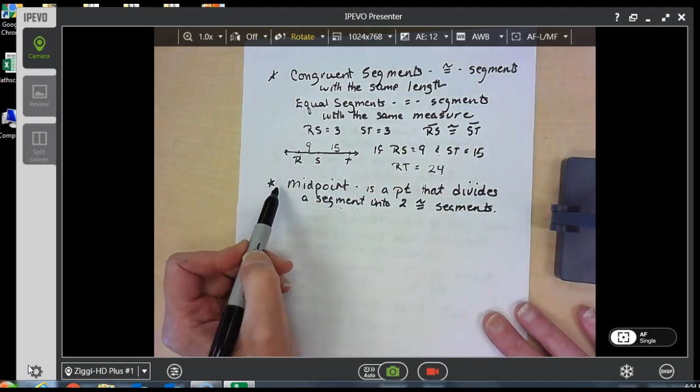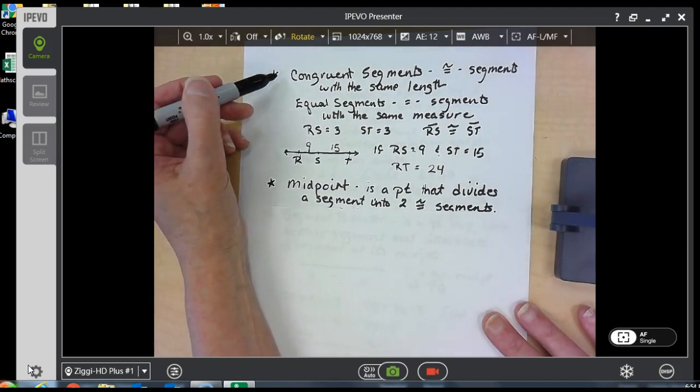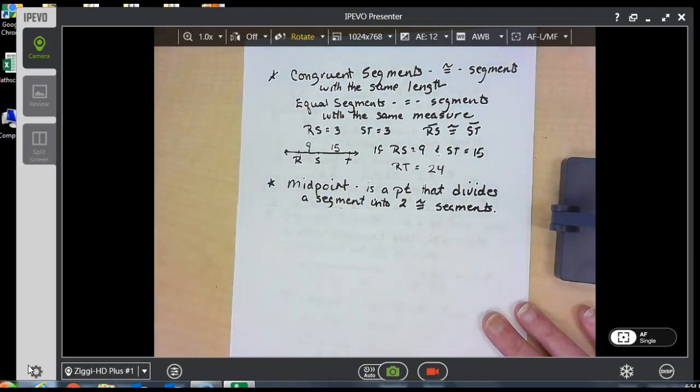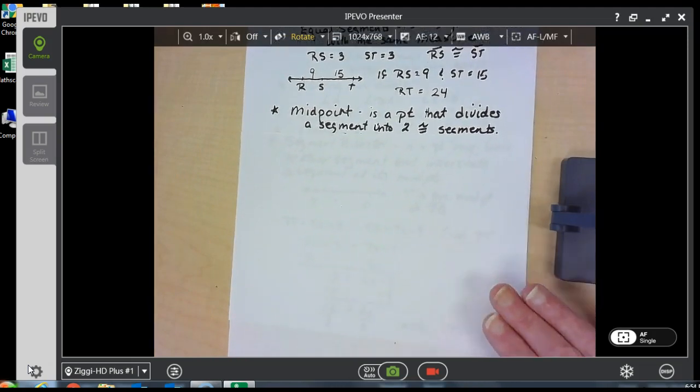Okay, so another thing in your notes, besides your congruent segments, is midpoint. We talk about midpoints a lot. Midpoint is a point that divides a segment into two congruent segments.